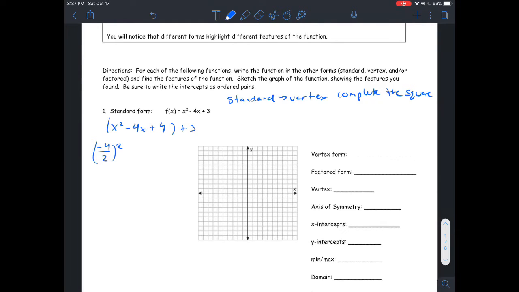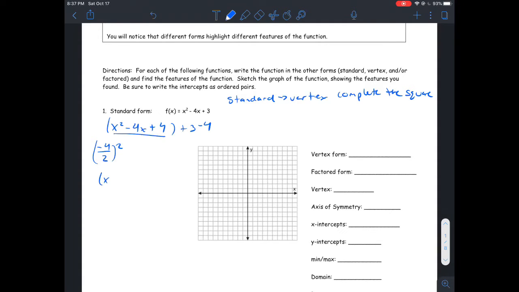Now, one thing I want to point out, there was no leading coefficient on this one. So we didn't have to factor anything out, and we don't have to multiply this 4 by anything because there's no leading coefficient. Since we added in 4, we need to subtract out 4, and we need to write this as a perfect square in vertex form.